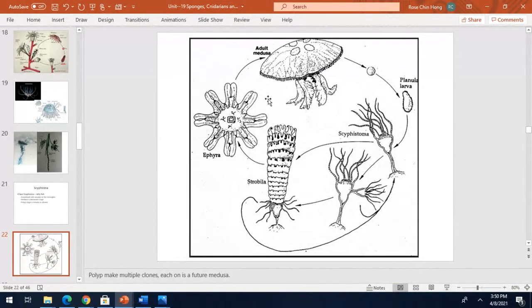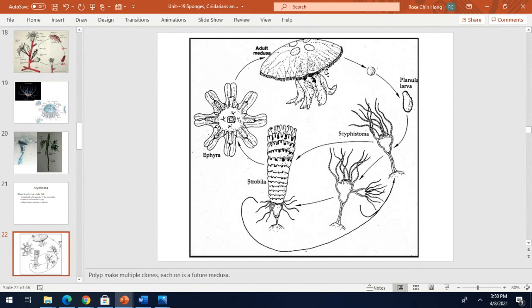So here, the medusal stage, this is the life cycle. Let's start with the adult medusa. Once it's adult and sexually mature, it makes eggs and sperm because I believe they're dioecious, so you have your male and your female medusae.